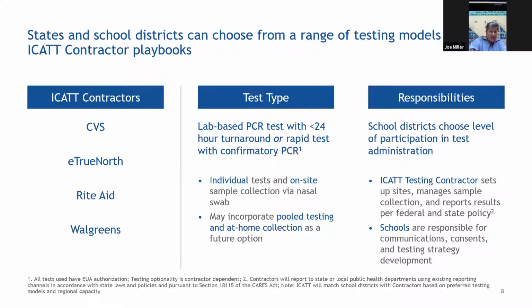This will include communications with the school community, collection of consent forms, and development of the testing strategy. Later in the presentation, Jessica and Eliza will describe some of the unique resources that are available to schools to make this as painless and easy as possible.